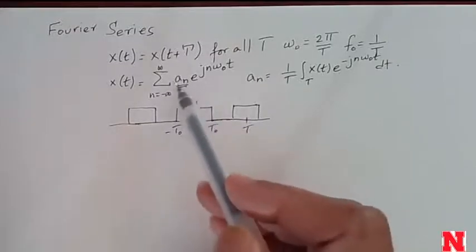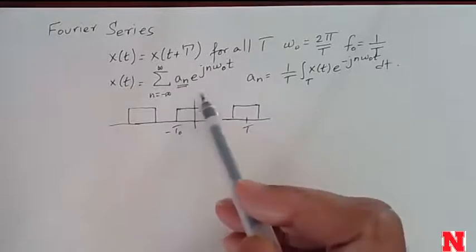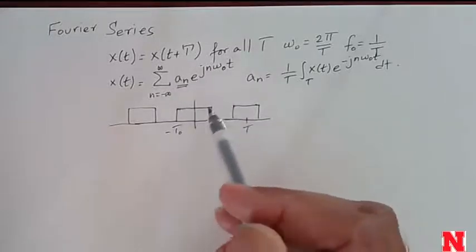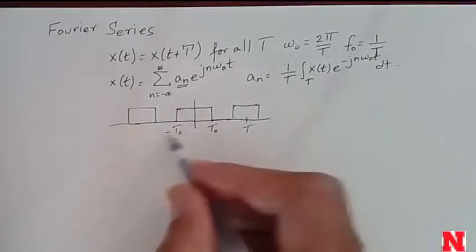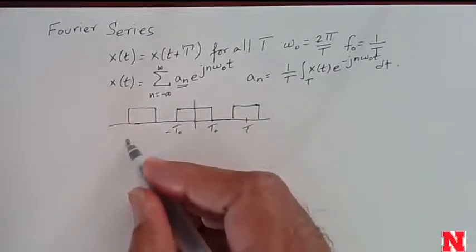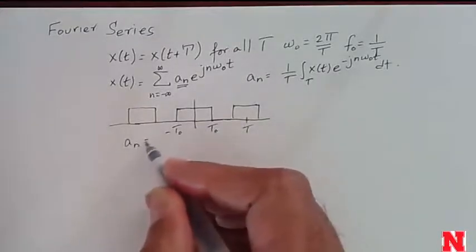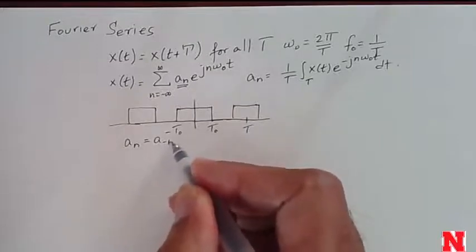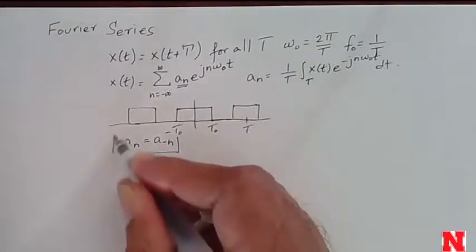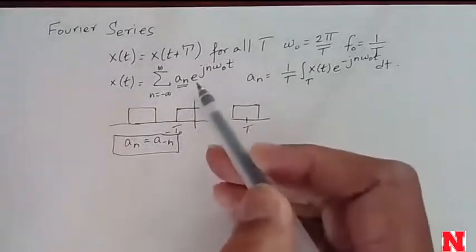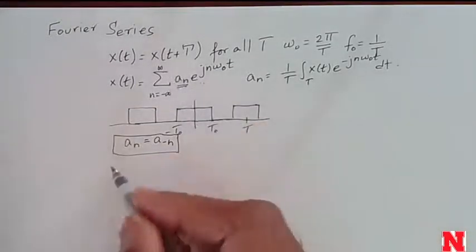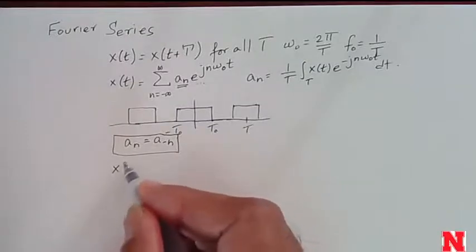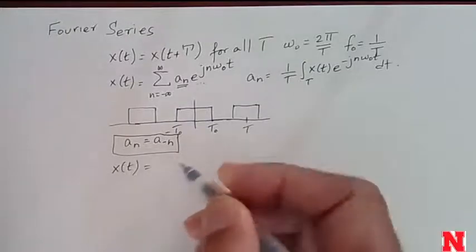Okay, in order to do that, let me try and put this in a slightly more recognizable form. So we'll do this special case first, and then I'll generalize this. So in this special case from the last time, we found that a sub n was equal to a sub minus n. Okay, and so for this case, let's see how we can rewrite this into a form that's more familiar to you. So what I'm going to do is I'll break this summation up into 3 summations.